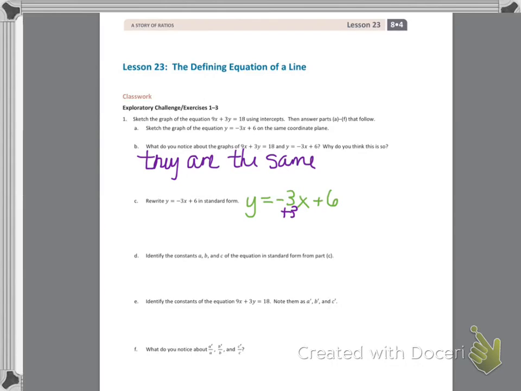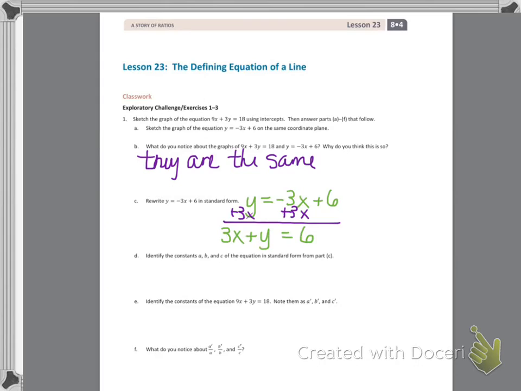So if I add 3x here and add 3x here, I'm going to end up with the equation 3x plus y is equal to 6. 3x plus y equals 6.